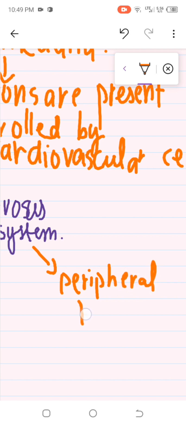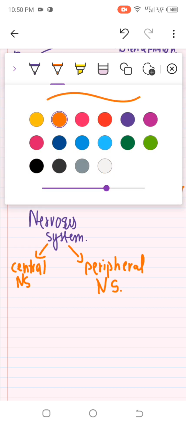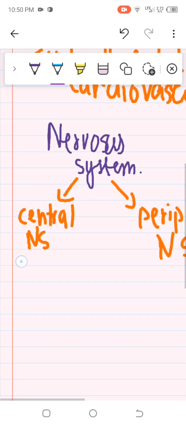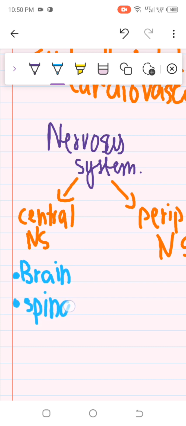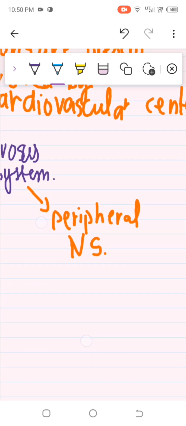The central nervous system includes the brain and the spinal cord. In the peripheral nervous system, there are neurons directly attached to the brain, the cranial nerves. So here we have nerves.